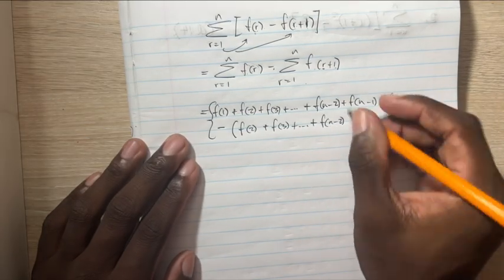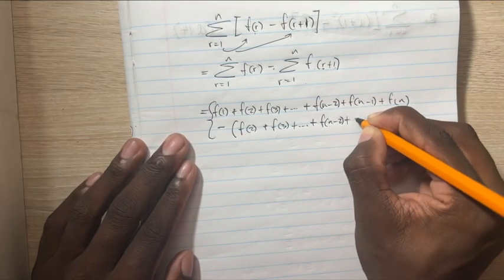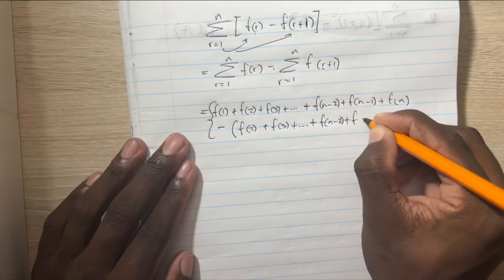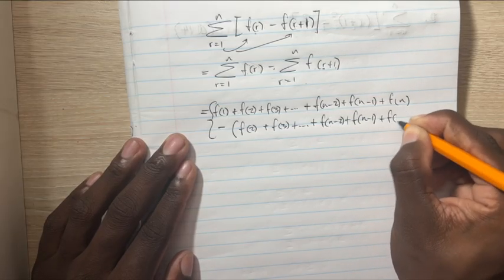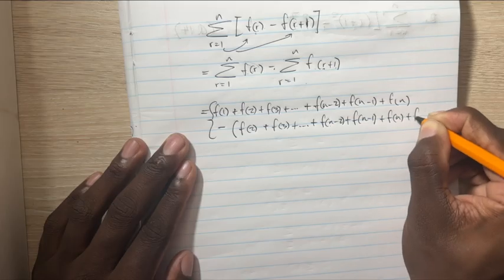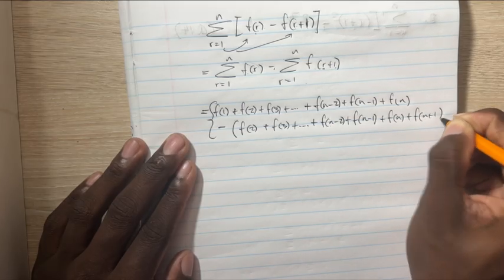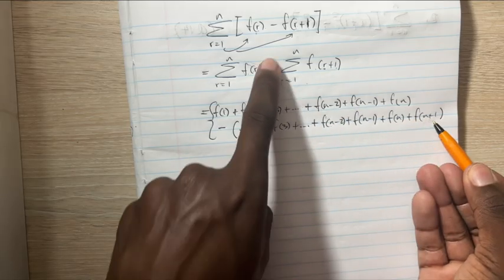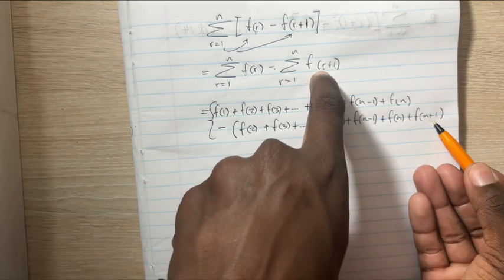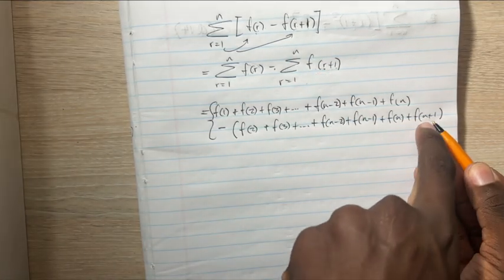Let's check the end now, n plus 1. It's going to be f at n minus 1 plus f at n plus f at n plus 1. Those are our last terms. Why is it n plus 1 here? Because if you put the upper bound in the place of r, you get n plus 1.